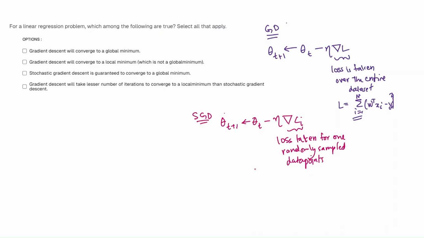Okay, so what is the primary difference between gradient descent and stochastic gradient descent? One difference is that gradient descent is typically slower, whereas stochastic gradient descent is faster, but you don't get things for free.